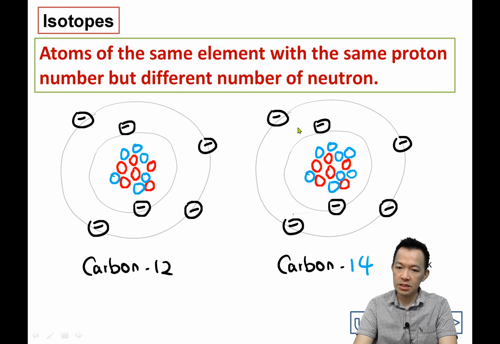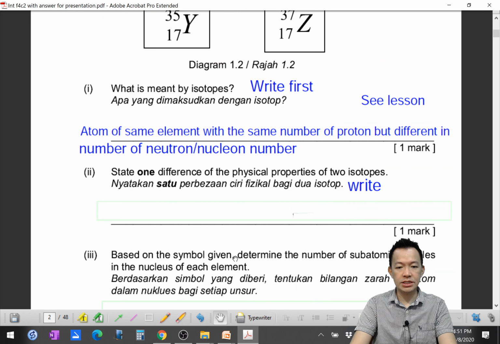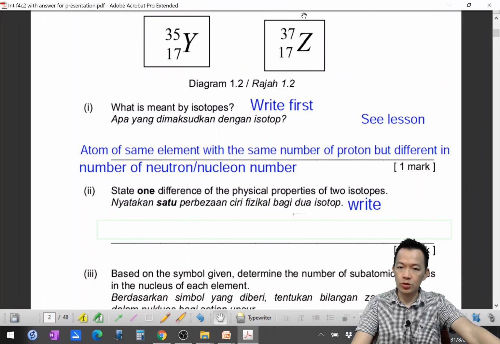Carbon 12, carbon 14, the mass will be higher, 它的质量比较高。And the boiling point, freezing point, melting point of the carbon 14 must be different compared to carbon 12, 对不对？So 这个时候就不一样了。The physical properties will be different. The density 密度也不一样了。Okay? So carbon 12, carbon 14. Step 1 different of the physical properties of the two isotopes.